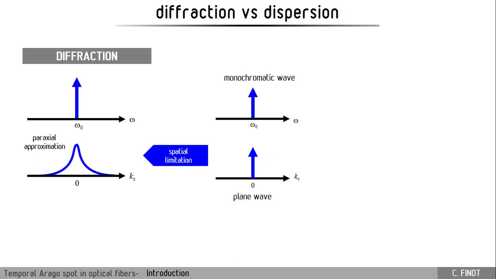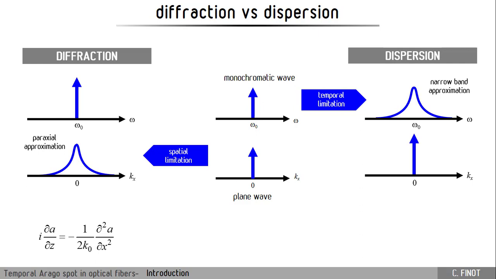If you limit your wave, then you will in the spatial domain increase your spectrum, and with the propagation it will lead to diffraction. So here this is a limitation in the spatial domain. Now if you make a limitation in the temporal domain by using a short pulse, for example, then you will broaden your frequency spectrum, and given the propagation that you have, you will induce dispersion.